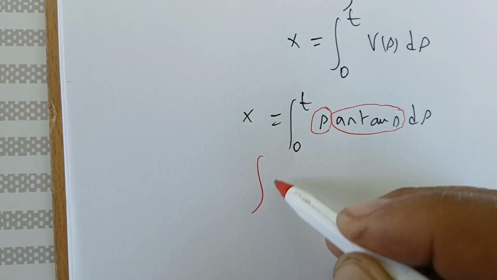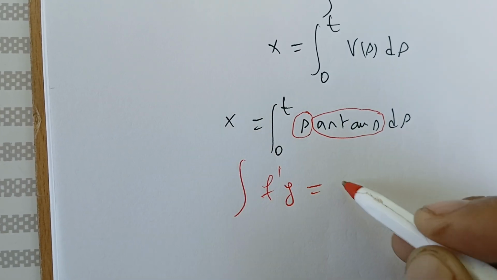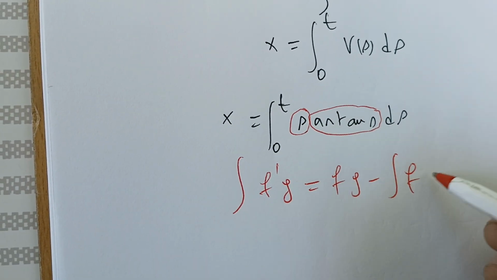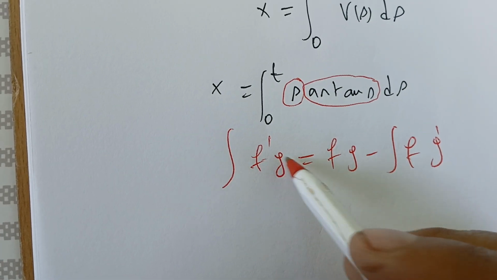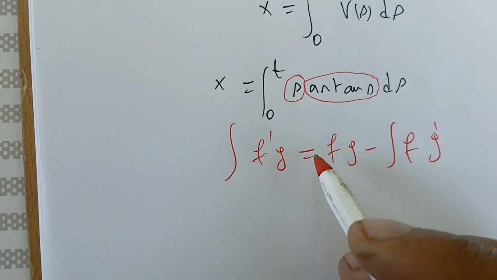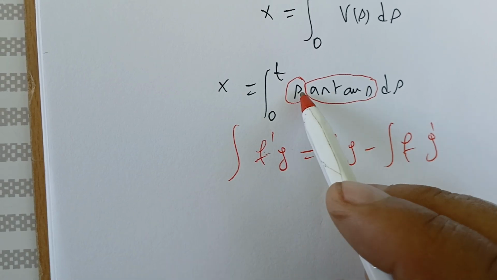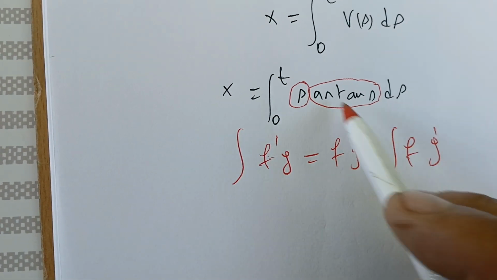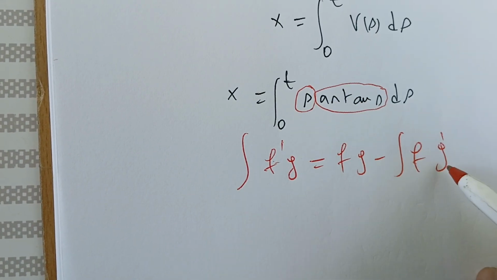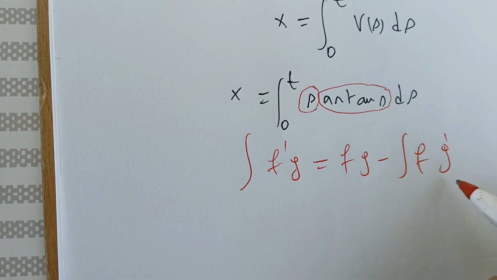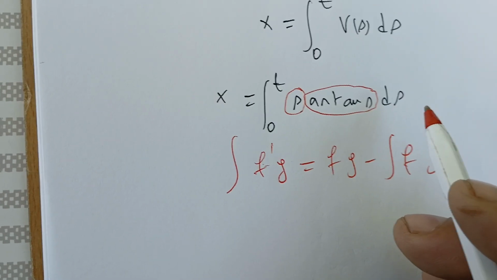So I can have f' g is fg minus f g'. The key here is which one is f' and which one is g. If I take f' as s, I'm going to have s squared here, and g' will be 1 over 1 plus s squared. This will help a lot.